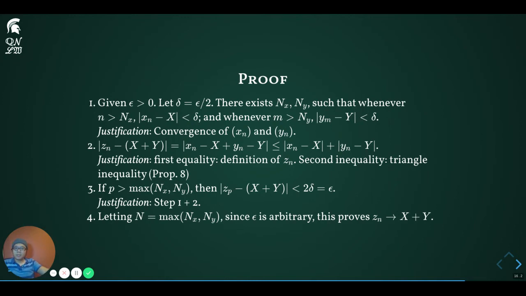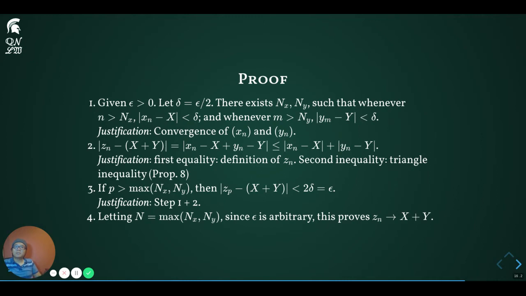Using this delta as the input to the convergence of the sequences x and y, we can find n sub x and n sub y such that when evaluated at an index later than n sub x, the term of the sequence x is no more than delta away from the limit capital X. And when evaluated at an index later than n sub y, the terms of the sequence y are no more than delta away from the limit capital Y.